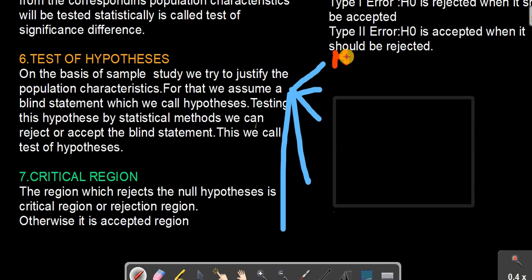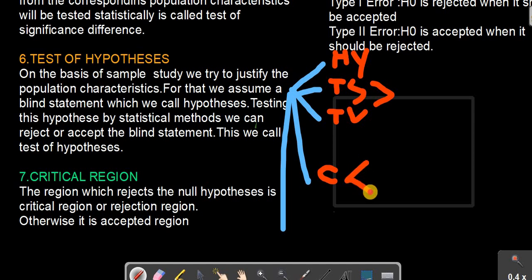The second step is to find the test statistic that we have to calculate for the given situation. The third is the tabular value for the given statistic, and the fourth is a comparison of the test statistic and the tabular value.